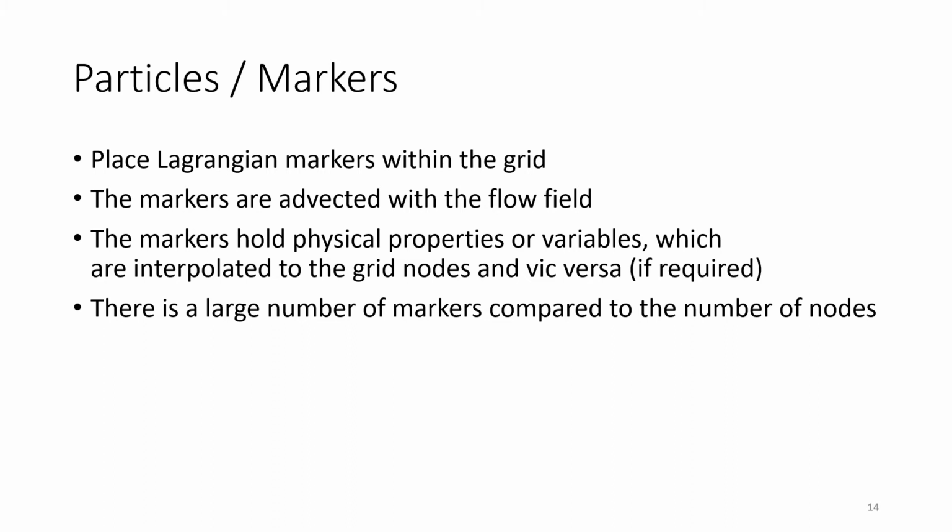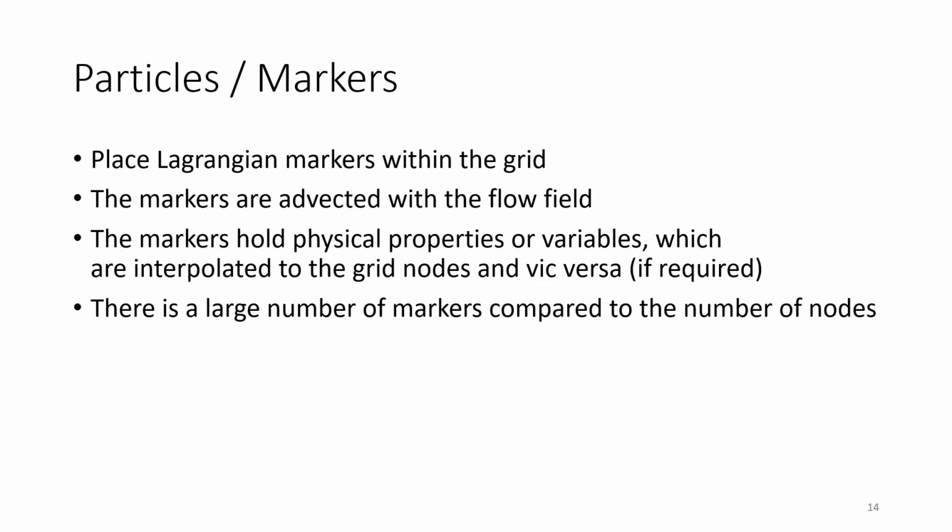And of course you want to know the information on your Eulerian grid points. So you are interpolating the concentration values, or whatever the markers hold as properties, to the grid nodes. You do your calculation on the grid nodes, and if necessary, you interpolate back with updated variables to the markers.